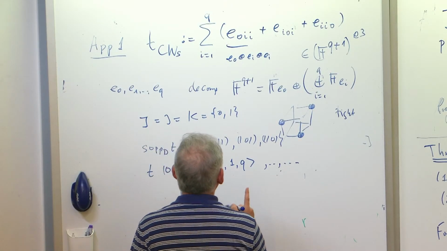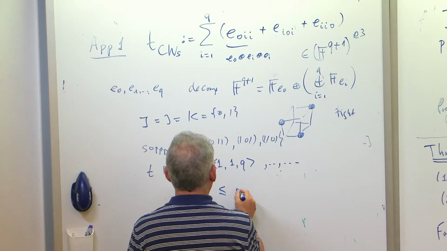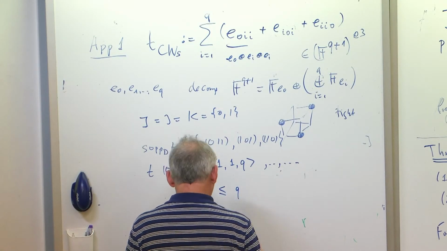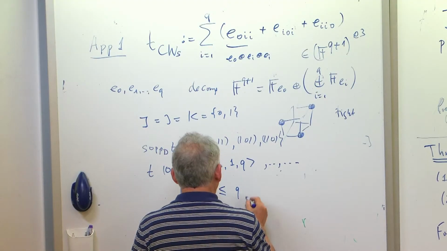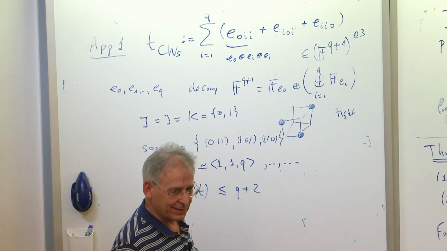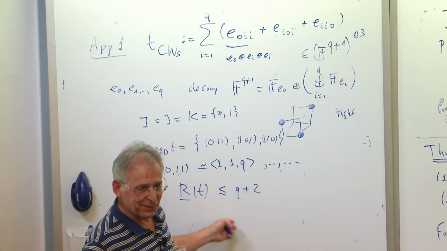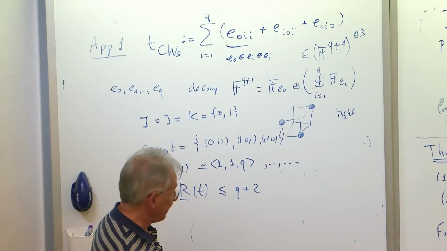It's not of minimal border rank, but you can prove by writing down a formula that it is at most q plus 2. If it were q plus 1, it would be of minimal border rank. But maybe in the embarrassing questions, you can try to write down the formula for it.